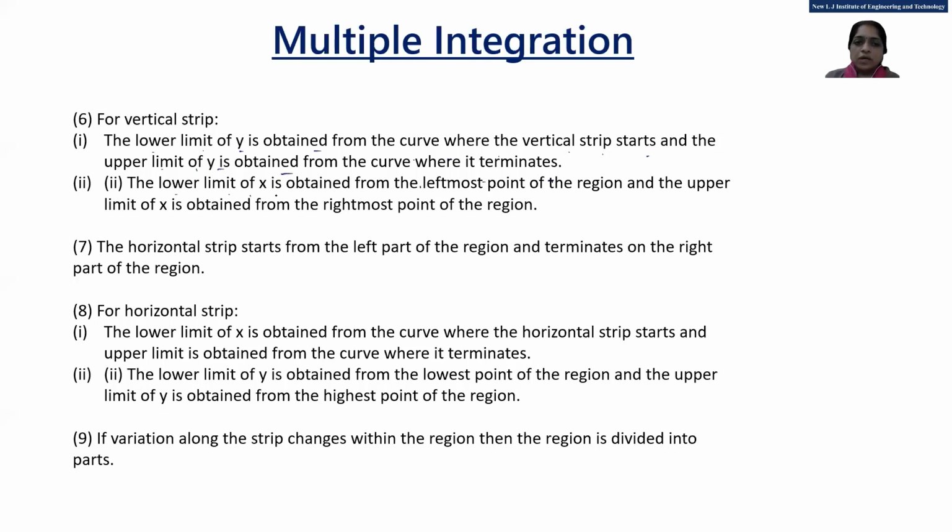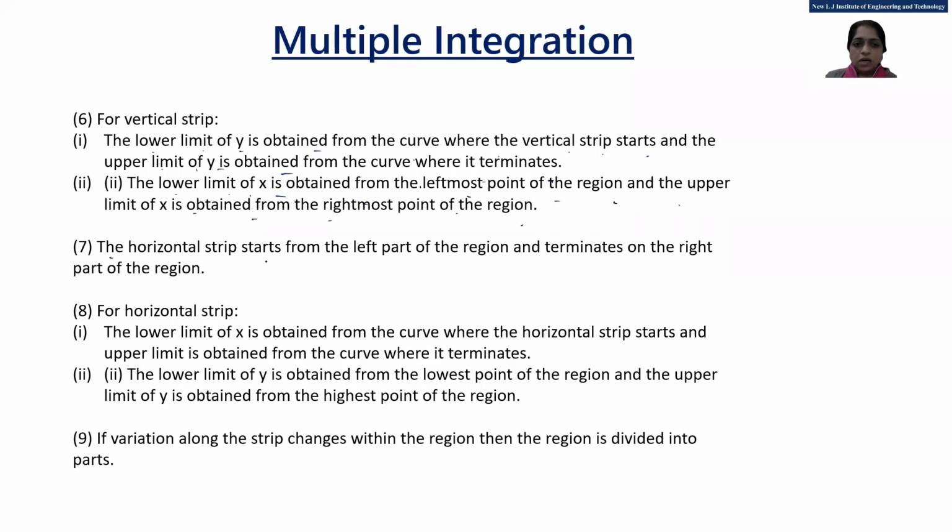The lower limit of x is obtained from the leftmost point of the region, and the upper limit of x from the rightmost point of the region. Students, I know it is not easy to understand by theory only. It is helpful for revision, and it is easier when we get an example. These are just the points.